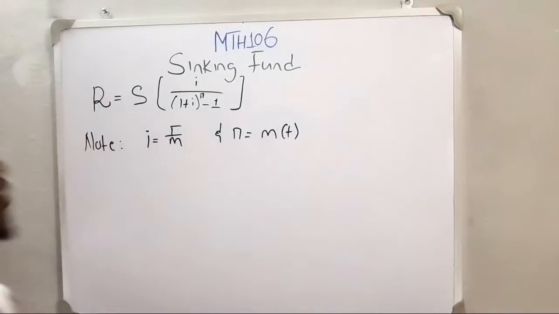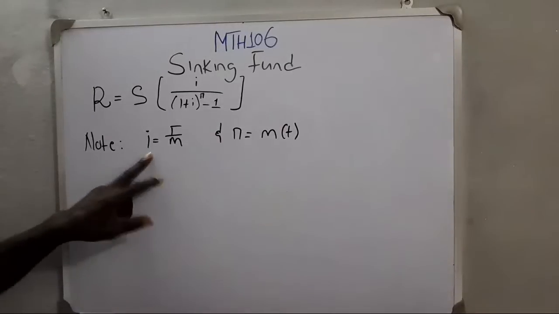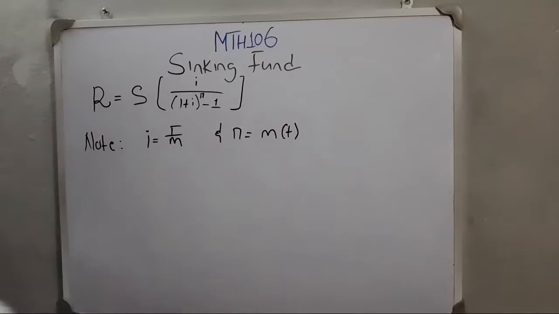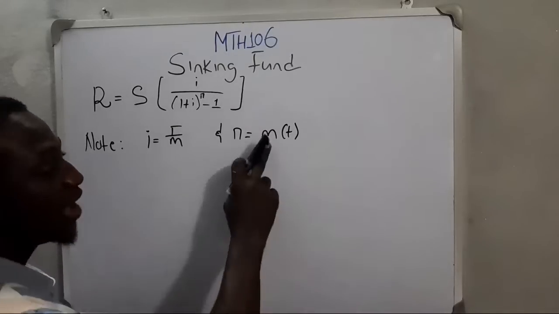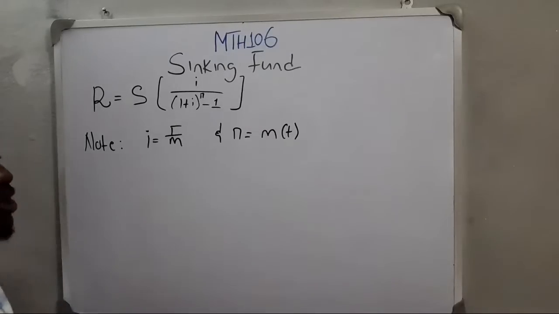Now, to get our I, which is the percentage, it is R divided by M. M is the period, T is basically the time.